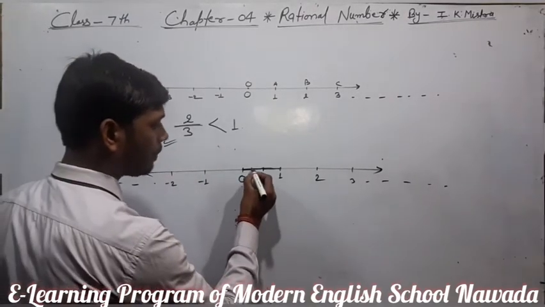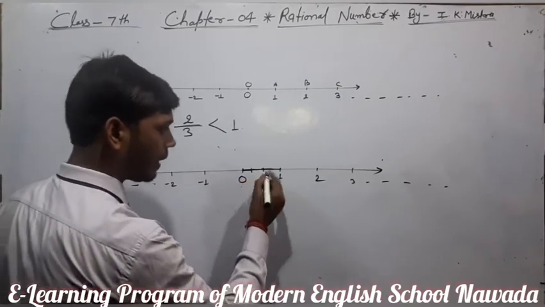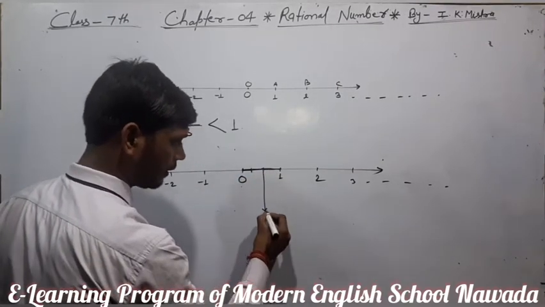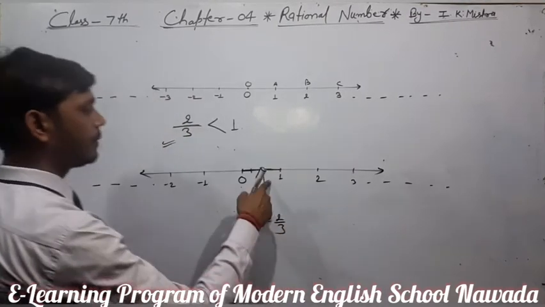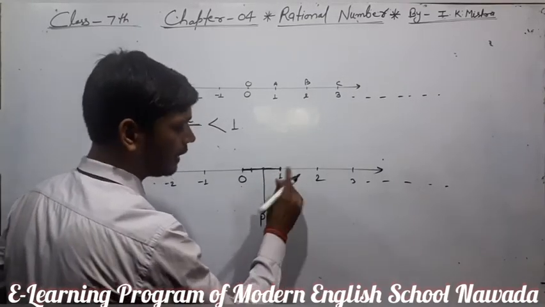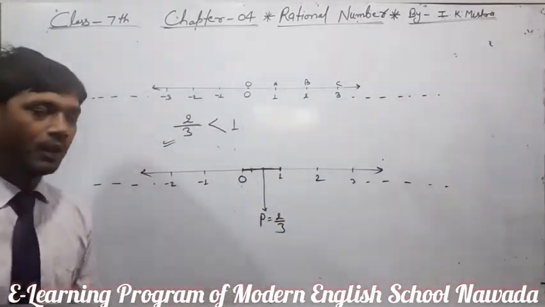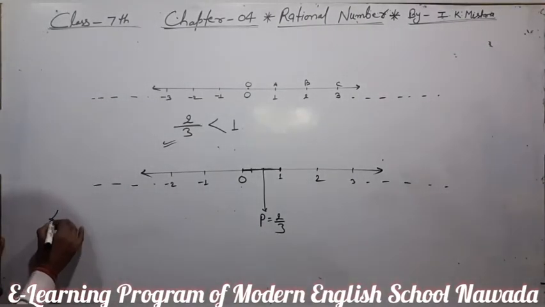Here the first part is 1 by 3. Here point P is equal to 2 by 3. That means you represent 2 by 3. Here this point is 3 by 3, that means 1.